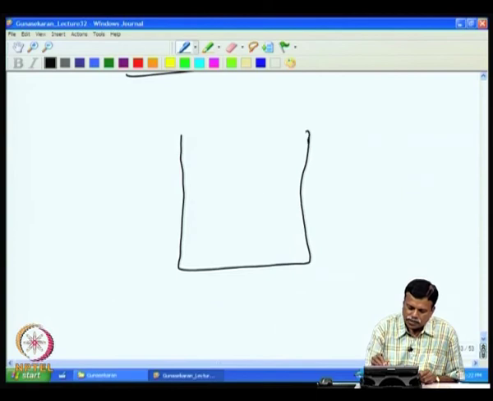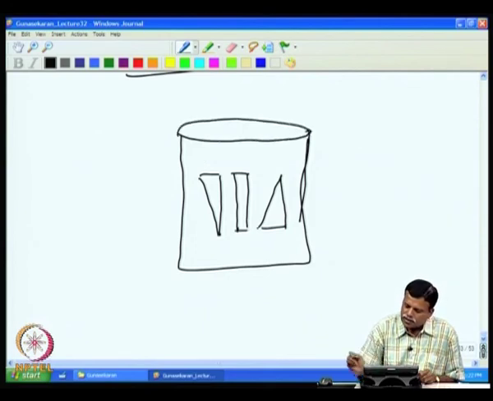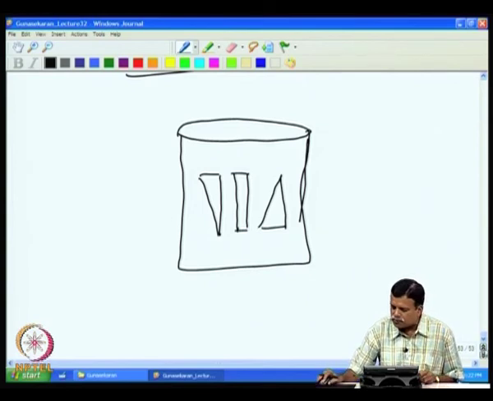So, what is done is you put two plates, one plate like this, then another plate in an inverted manner, then another sense plate in between these two, which is pasted outside the tank, and this is connected directly to the amplifier.